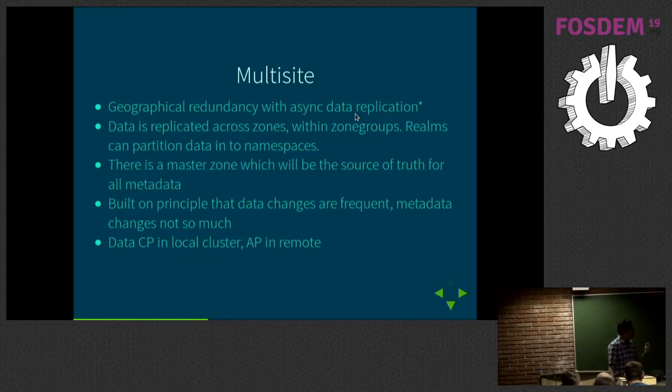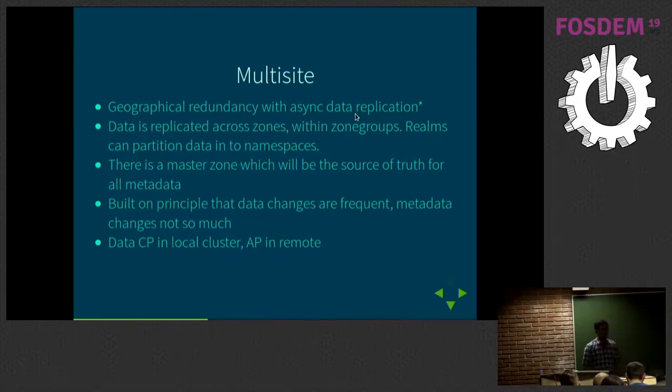Metadata always goes through the master. That is the point I mentioned when I said async. The metadata is always synchronous to the master, but it's asynchronously transmitted to the secondary RGWs, and data is always asynchronously transmitted to the other RGWs.